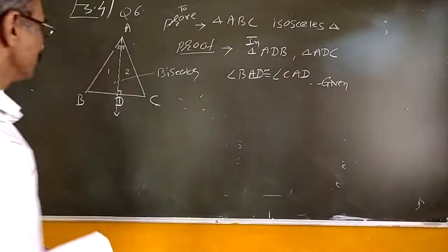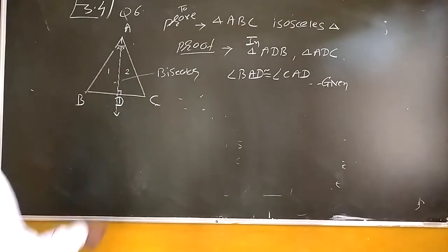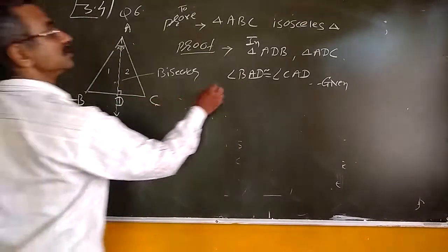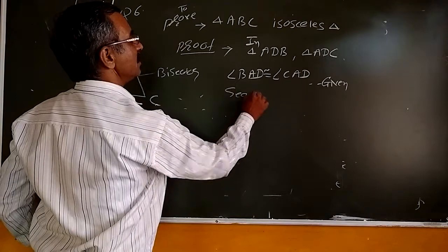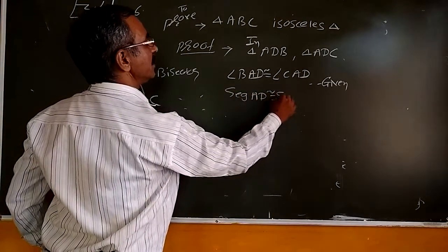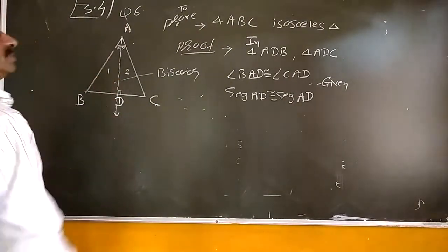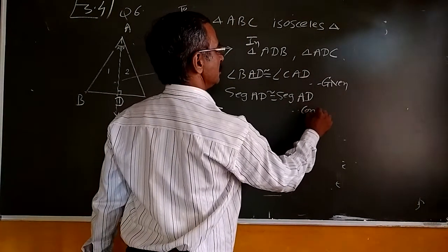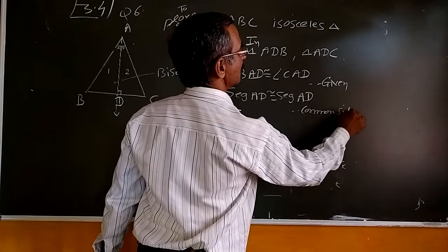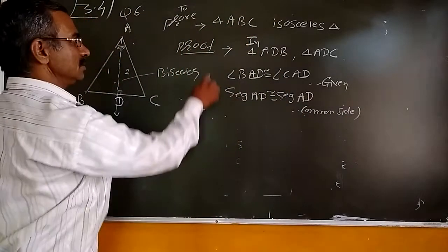Then segment AD is congruent with itself, because it is a common side of the two triangles.